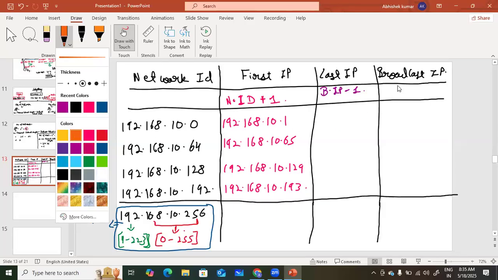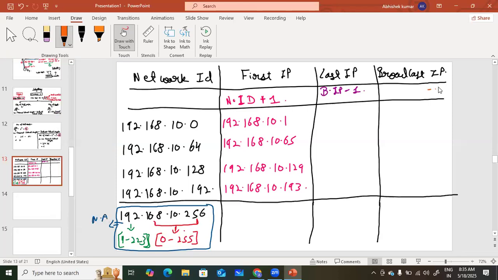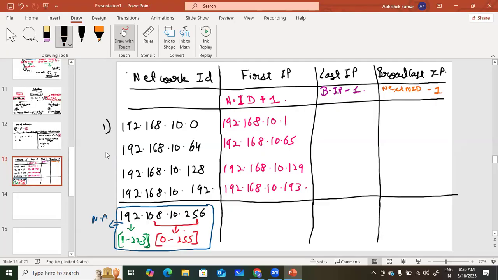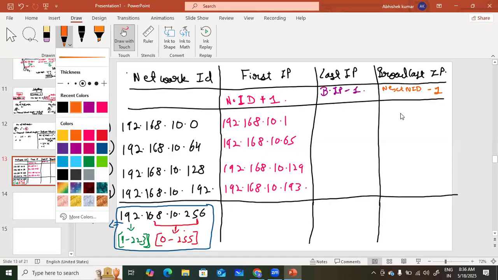Now, how would the broadcast IP be found? I have to subtract 1 from the next network ID. There are a total of 4 network IDs: 1, 2, 3, and 4. To find the broadcast IP, I subtract 1 from the next network ID.